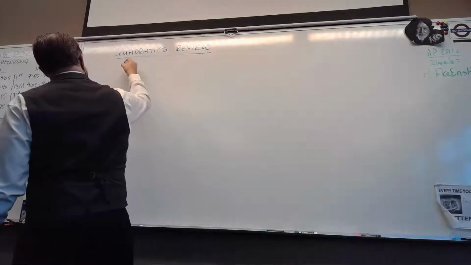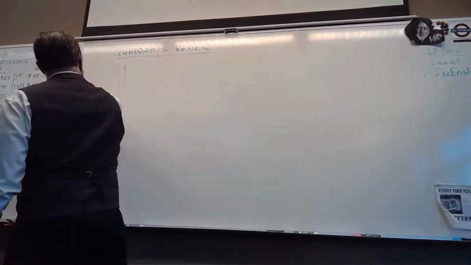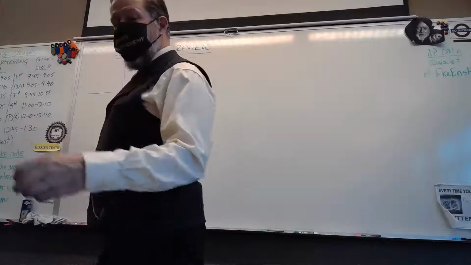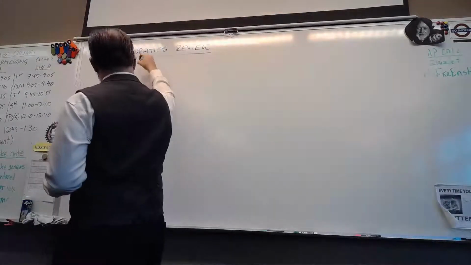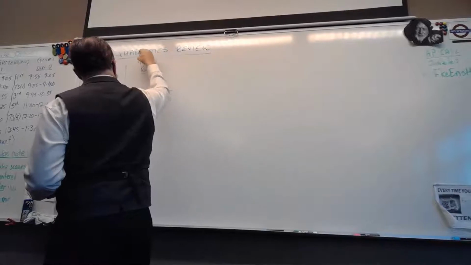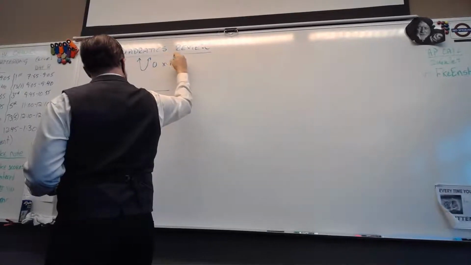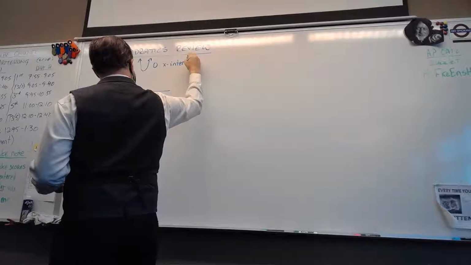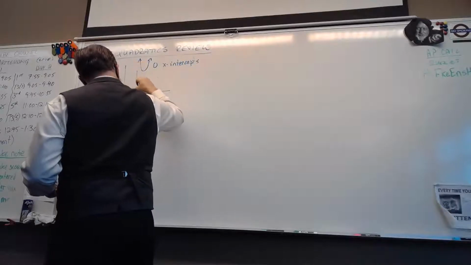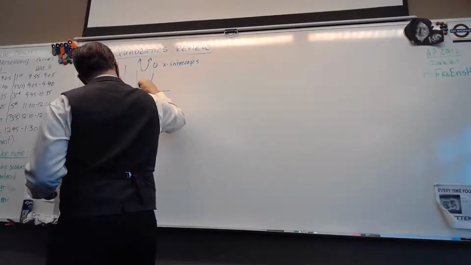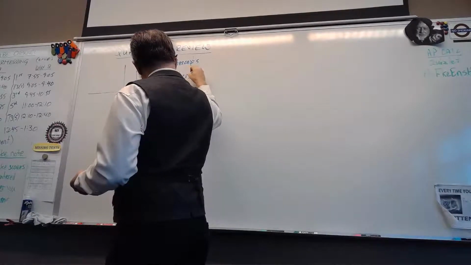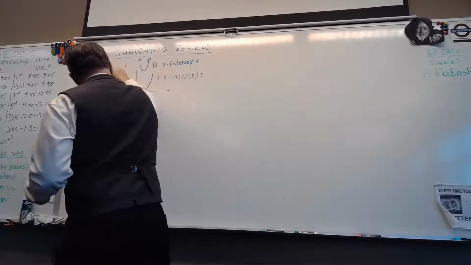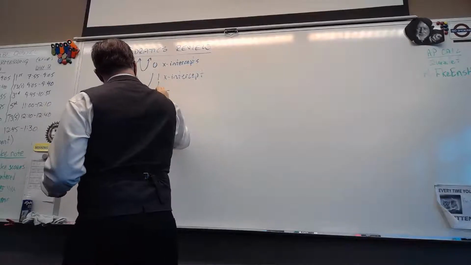First off, how many x-intercepts can a quadratic have? There are only 3 possible numbers of x-intercepts for a quadratic. 0, 1, and 2.